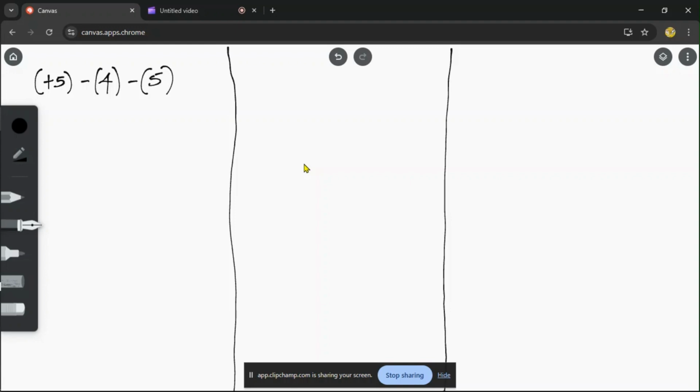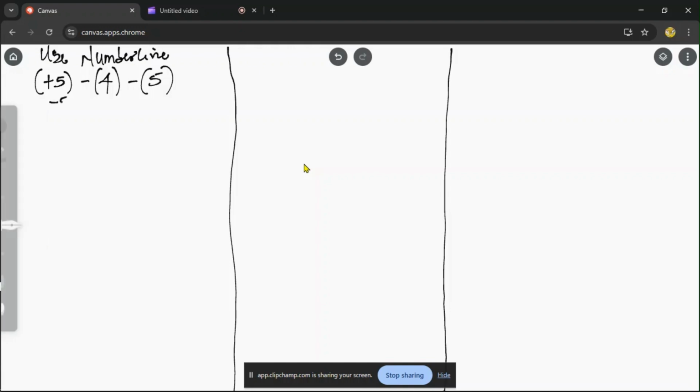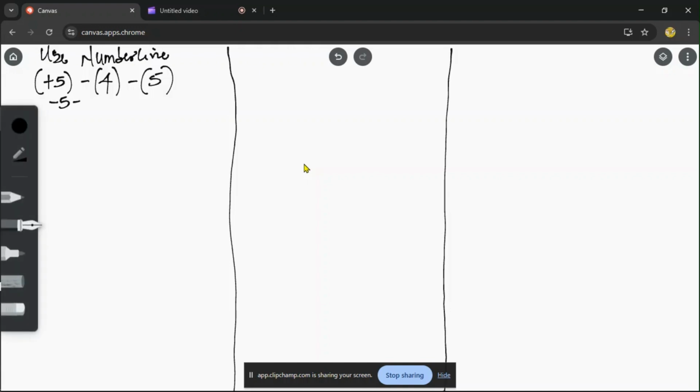I want to use a number line here. In using the number line, this is the same as plus 5 minus 4 minus 5, because a positive and a negative gives you a negative.